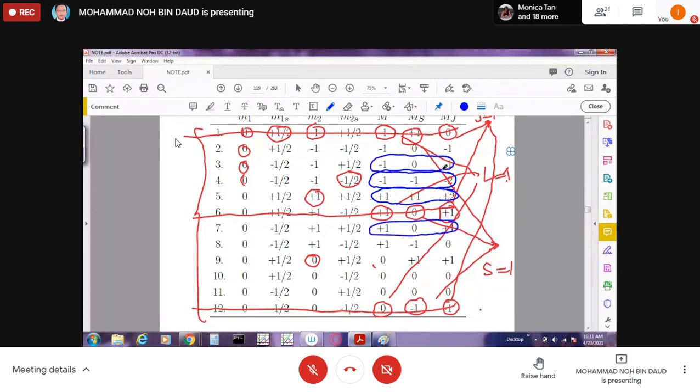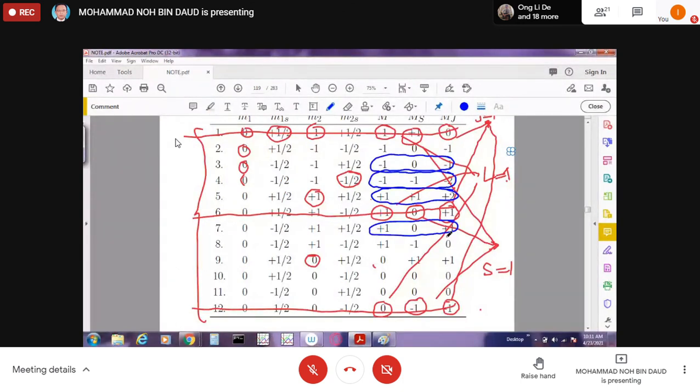Okay, with this one combination, and zero. Zero value here. We can choose this spin. Spin must be one also. So this spin, the minimum here is negative one, the maximum is positive one. In between is zero.